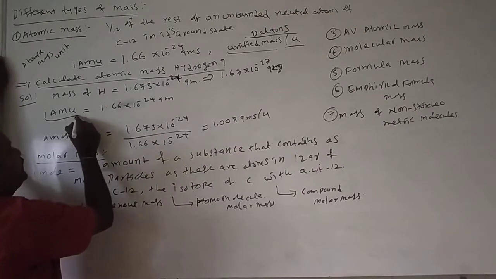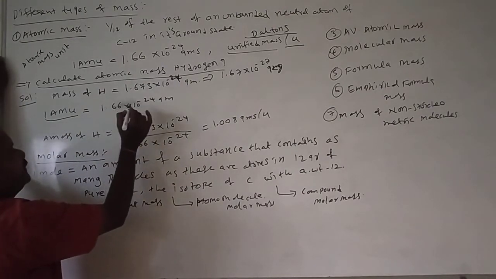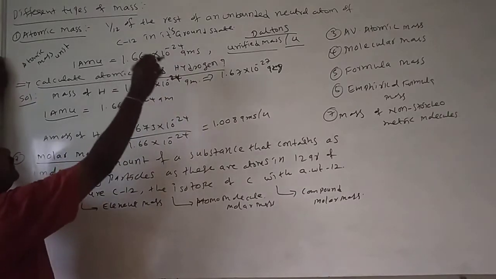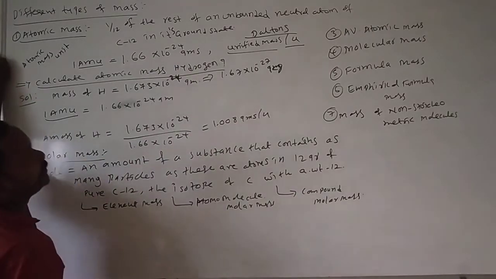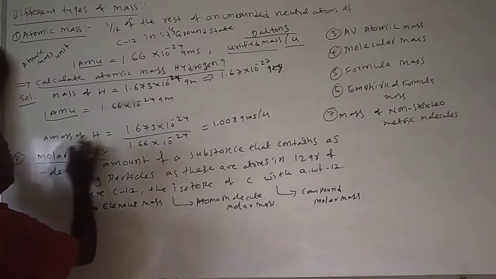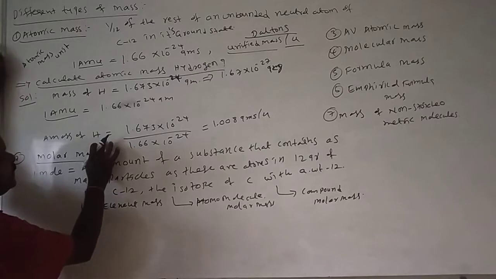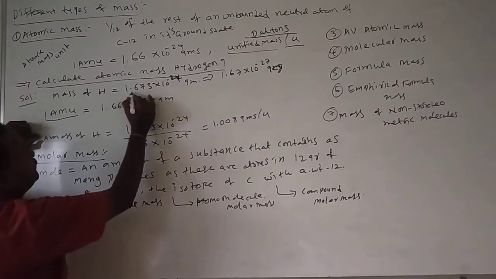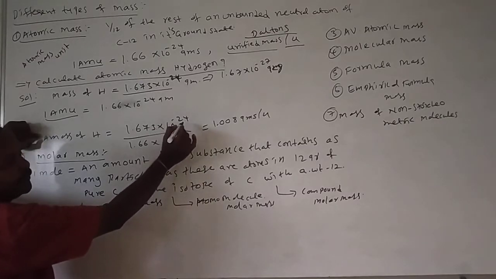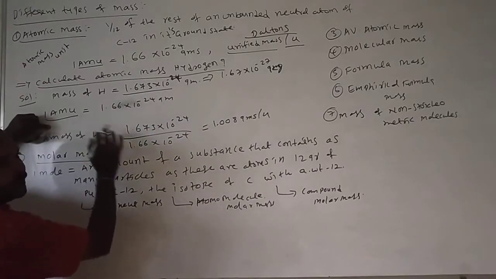One atomic mass unit is equal to 1.66 × 10^-24 grams, which is 1/12th of the mass of an unbound neutral atom of carbon-12 in its ground state. Then the atomic mass of hydrogen equals the mass of hydrogen, 1.673 × 10^-24, divided by one atomic mass unit.